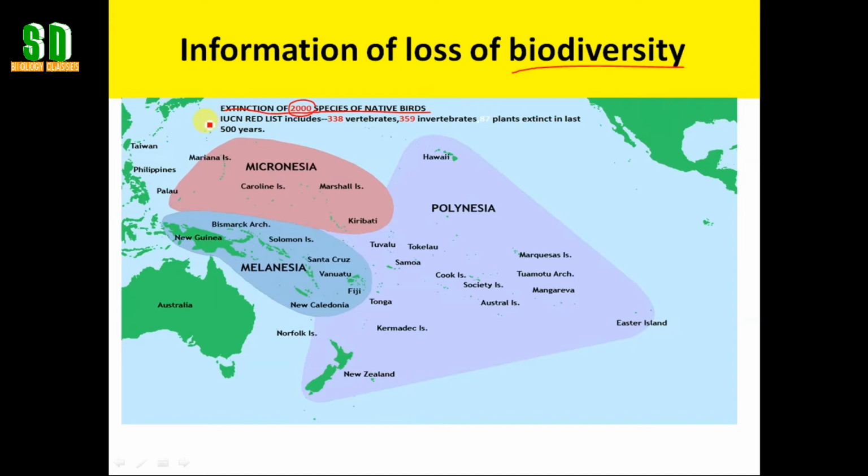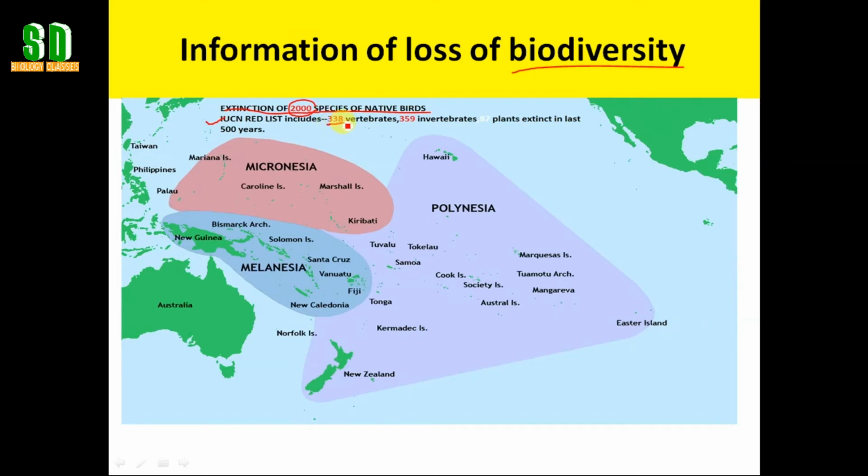There is some more information where we can get examples of loss of biodiversity in our recent past. According to the IUCN Red List published in 2004, almost 784 species got extinct in the last 500 years. What do those 784 species include?